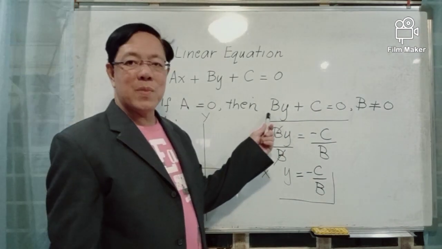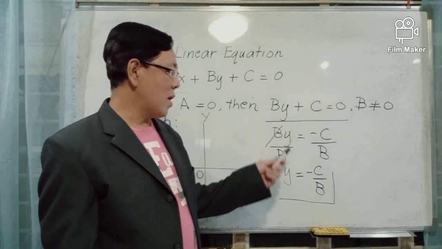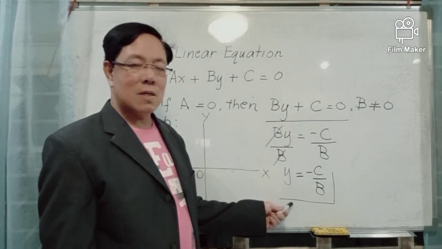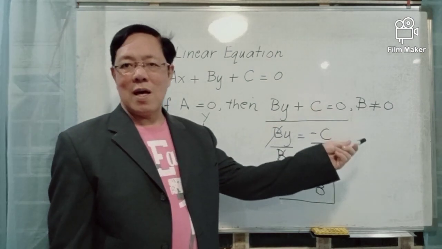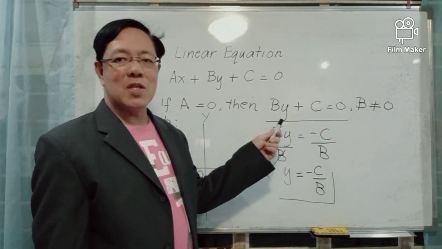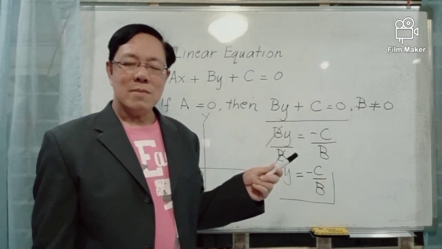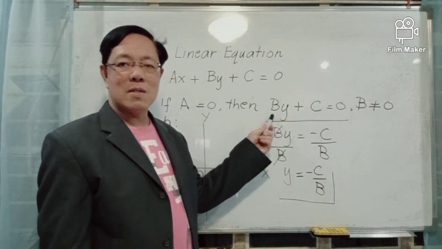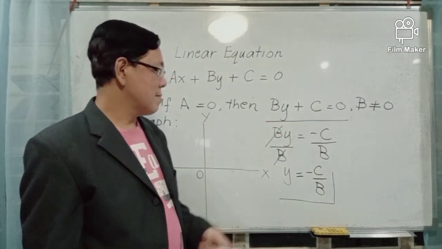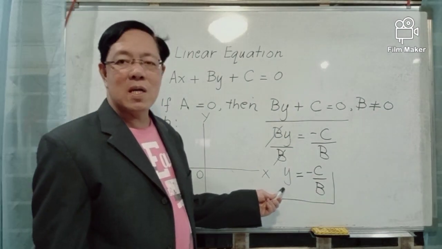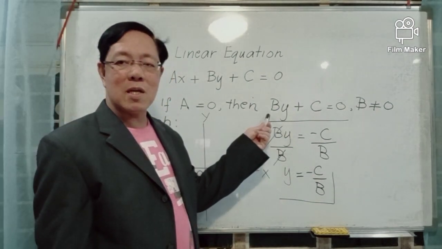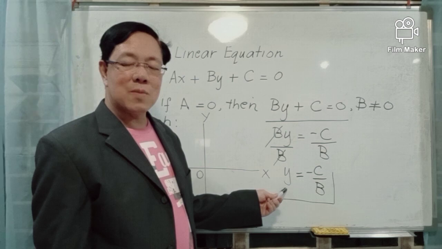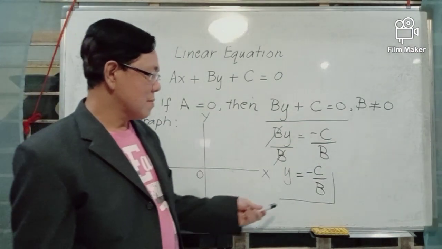To sketch the graph of the linear equation in one variable y, you solve for the value of y, as what we did here. We transpose the constant to the right, and after the transposition, we divide both sides by the coefficient of y, if the coefficient of y is not equal to 1. And then after obtaining the value of y, or the solution of this linear equation in one variable y, we locate this value of y on the vertical axis.